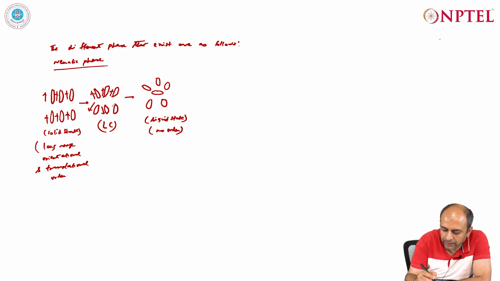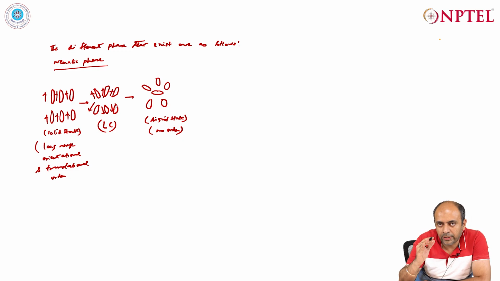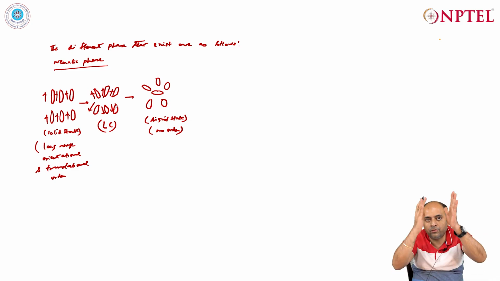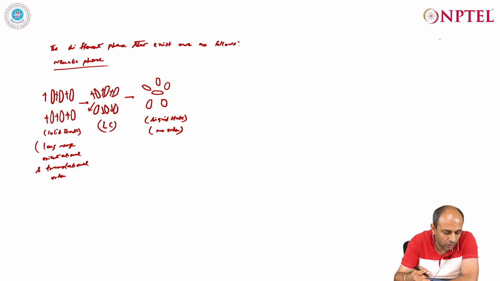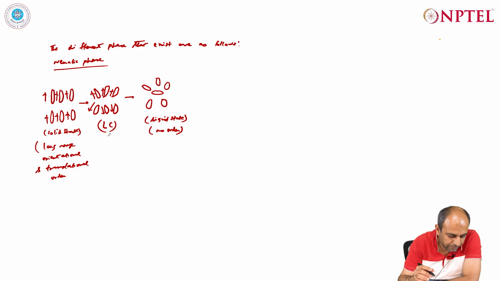They have adopted slightly distorted or disordered orientations, but overall if you see along a particular direction, there exists long range orientational order, but the long range translational order is missing.